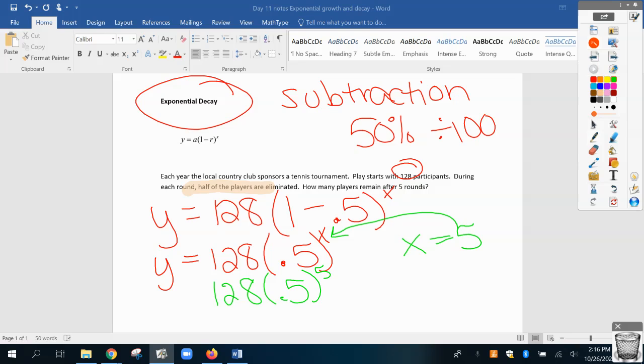We should have typed into our calculator 128 and then in parentheses 0.5 up caret 5. And when we do that, we get an answer of 4. So there are 4 players left after 5 rounds.